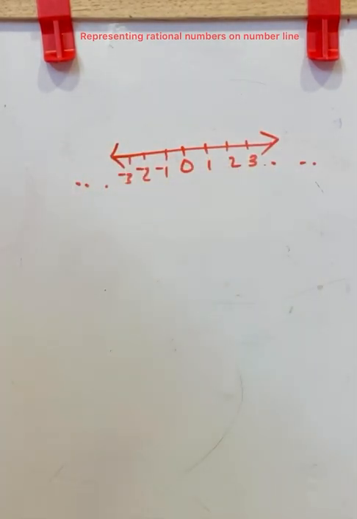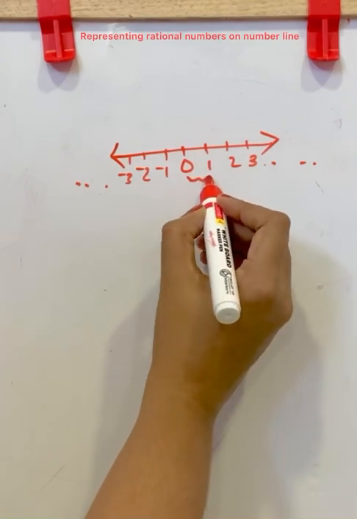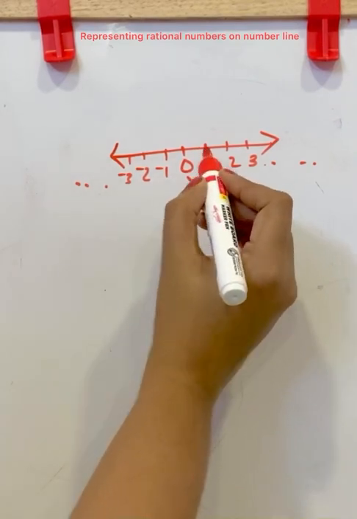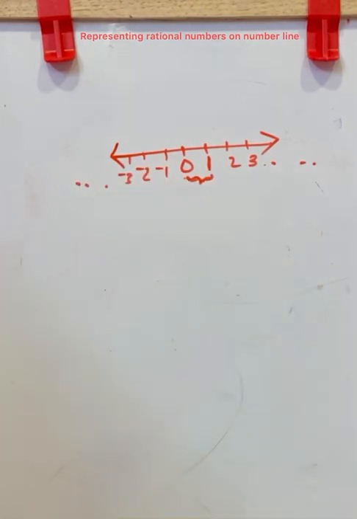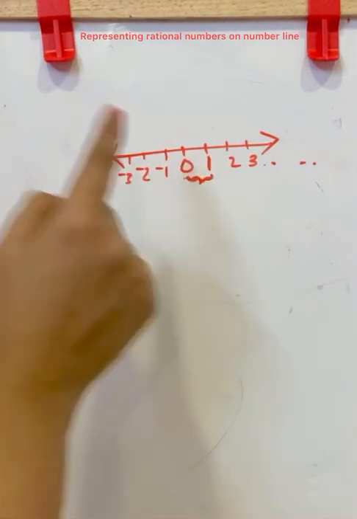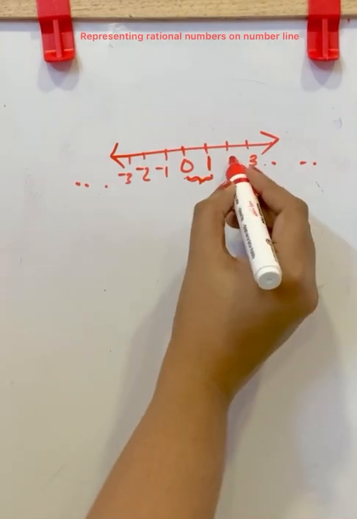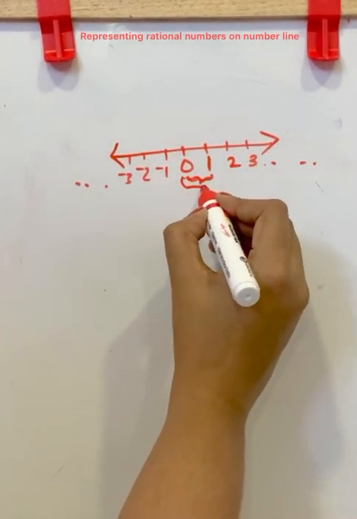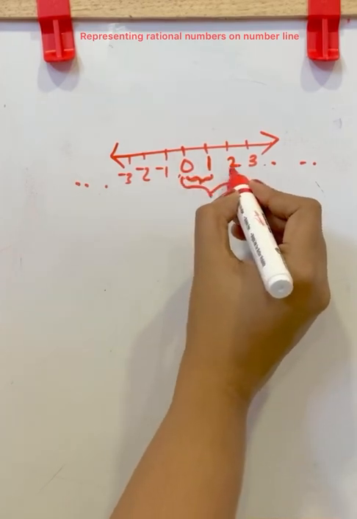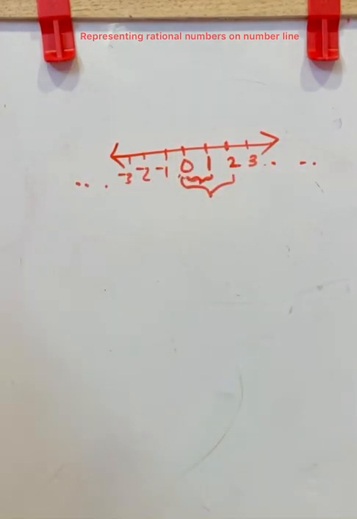Now, actually this 1 we mark here means this is the distance from 0. It has 1 unit distance from 0. We are denoting here 2. The reason is the distance from this 0 to this point is 2. That is why we write here 2.